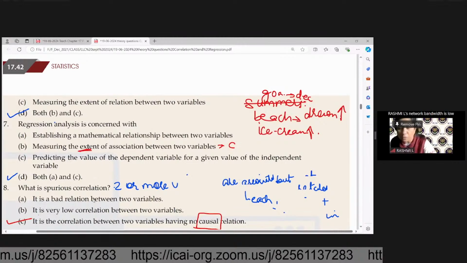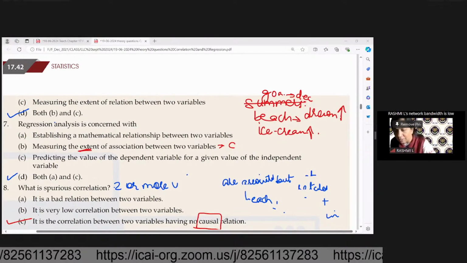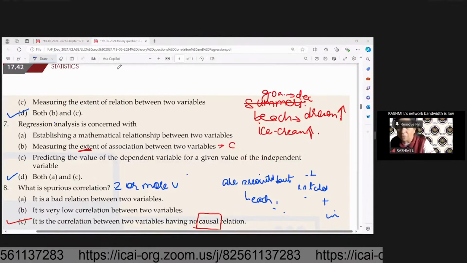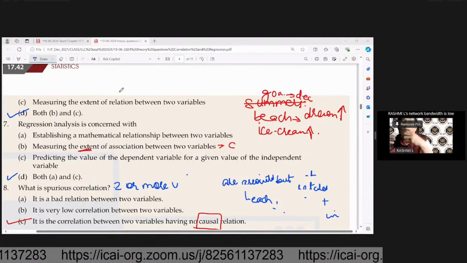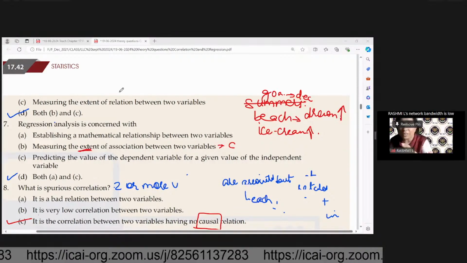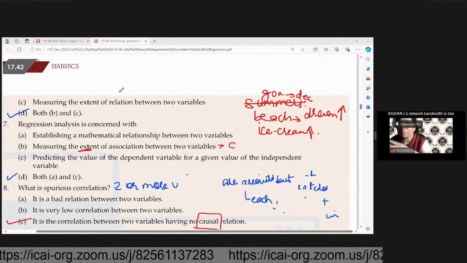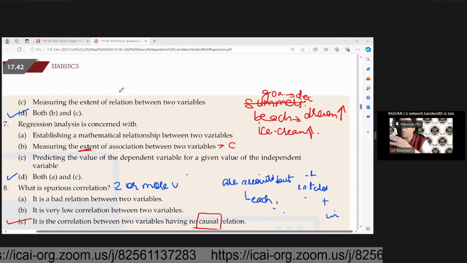What is spurious correlation? It is a correlation between two variables having no causal relationship. Like for example, in the summers, all of us eat lot of ice cream. Because there are holidays, people go to beaches for the vacations.